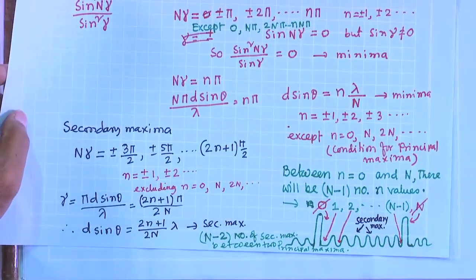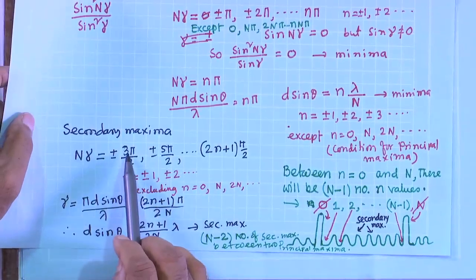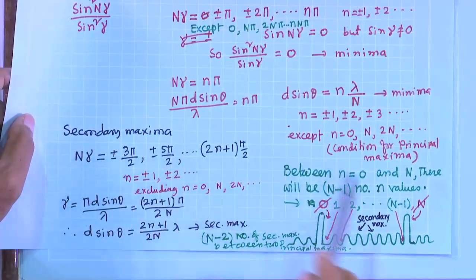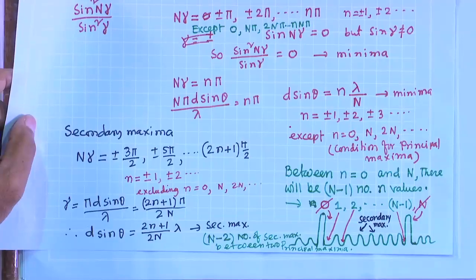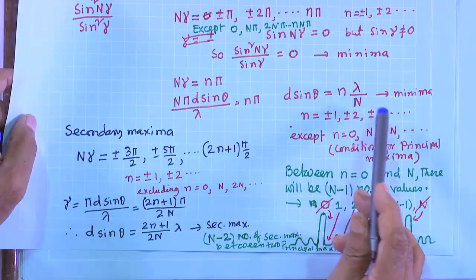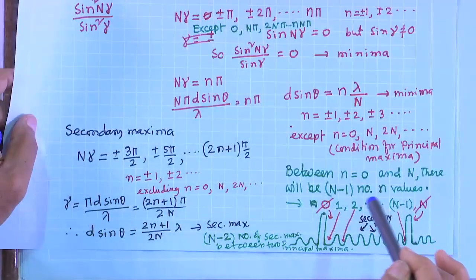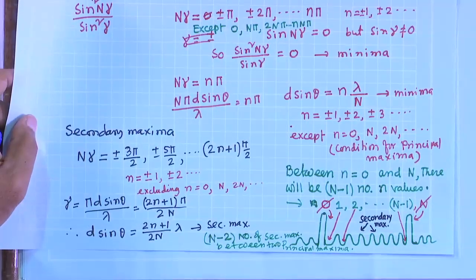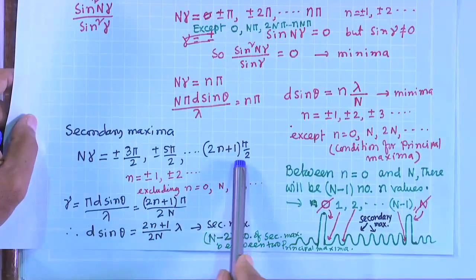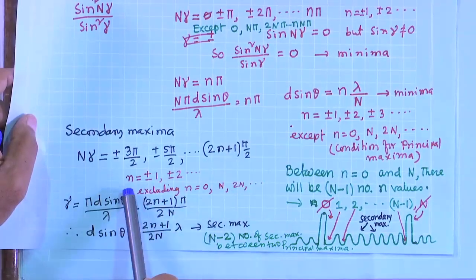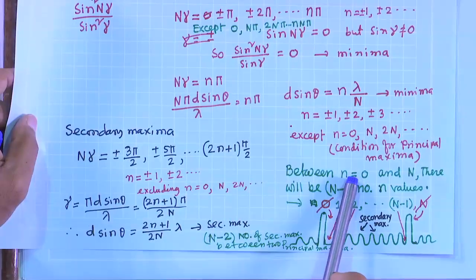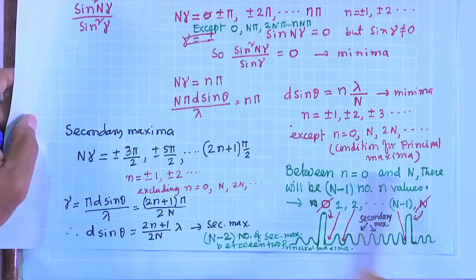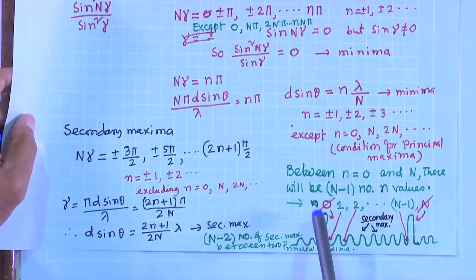Basically, n equal to 0 is not allowed, and n equal to N, 2N, are not allowed, because those are principal maxima.